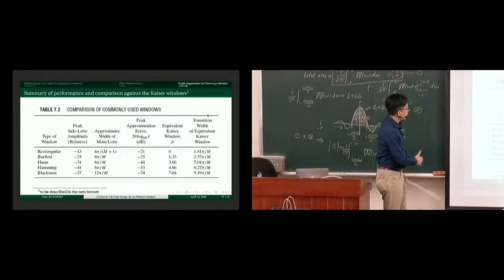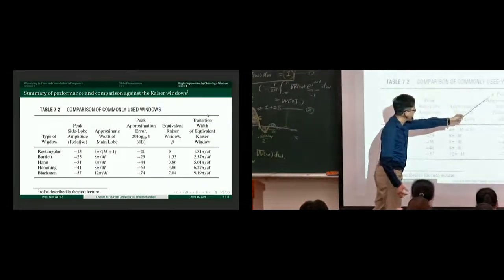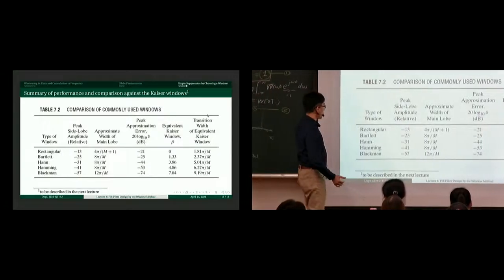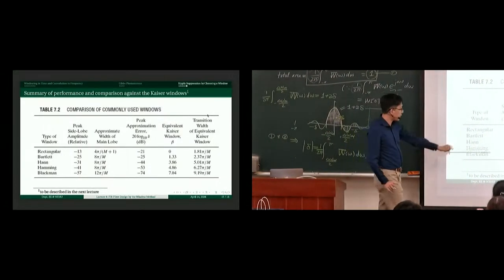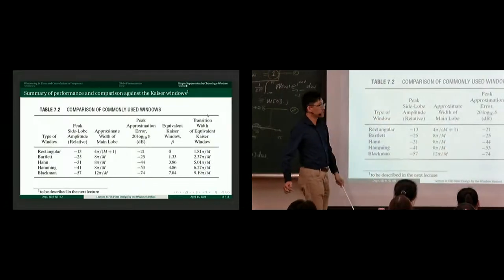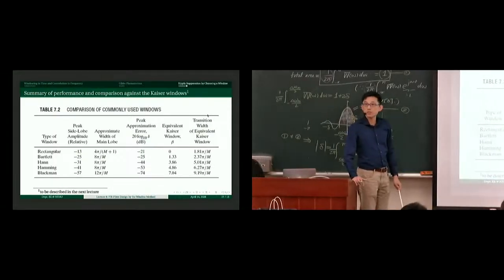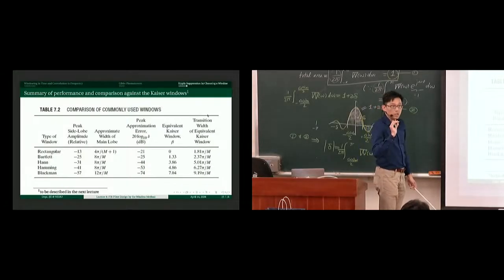In terms of the side lobe suppression ratio, or consequently the peak approximation error, we want to choose the last one. This last one has very nice suppression, and the approximation error delta is just minus 74 dB down from ideal. That's almost perfect. Minus 74 dB is a very small quantity.